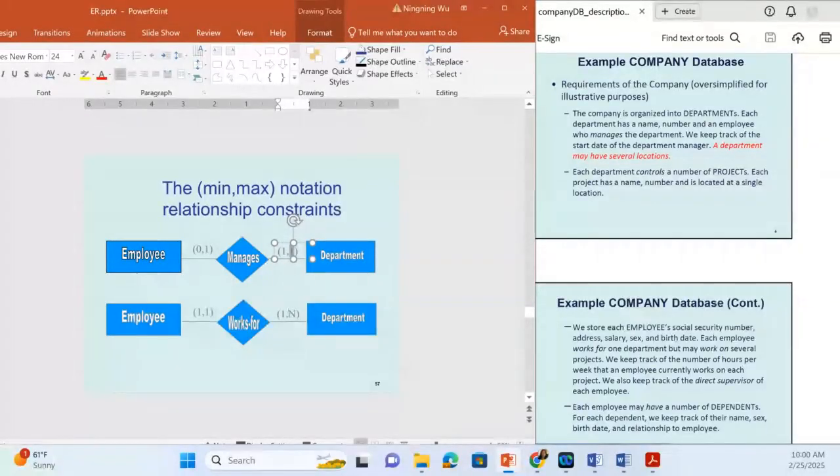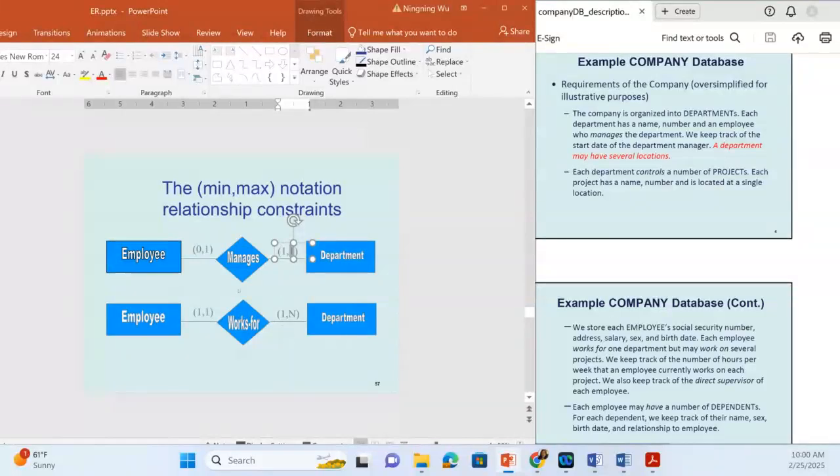So this N means that the maximum number of works for relationship instances a department can participate in will be multiple. So what's the semantics of this multiple? That means a department participates in works for multiple times, because of multiple relationship instances. So that means a department can have multiple employees working for it.